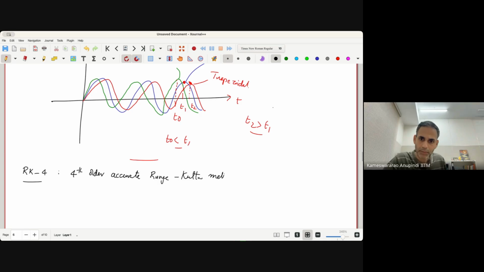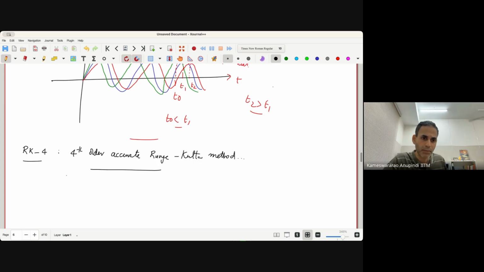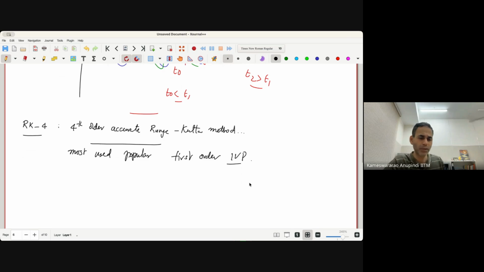The fourth order accurate Runge-Kutta method is the most used, or popular, method for solving first order initial value problems. So this is the most widely used method, the RK4 method. You must have used it in your work several times. Before we go into this, it's going to be quick, but any questions so far?